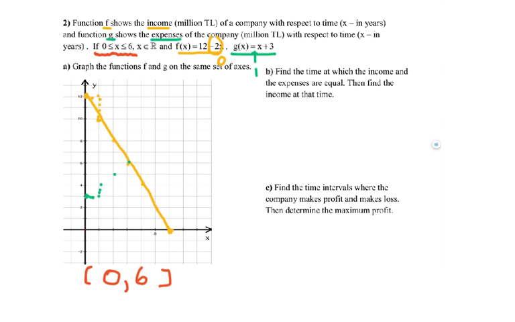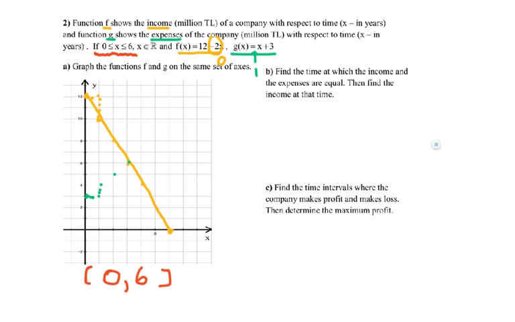All right, so now let's look at the questions. For us to find the time at which the income and the expenses are equal, we should include the units here on our axis. X was time, and the y values were the million TL. Up here is where it's set in the question.